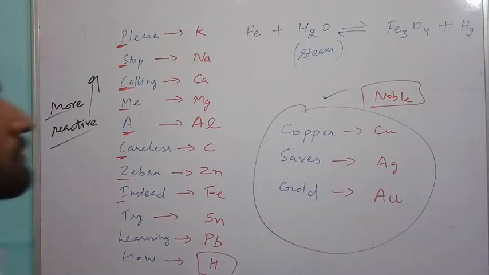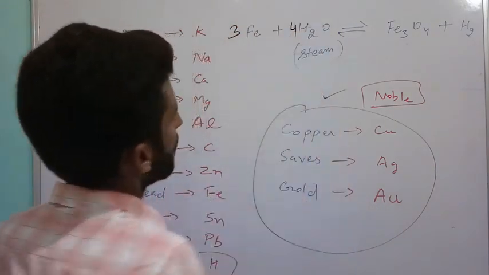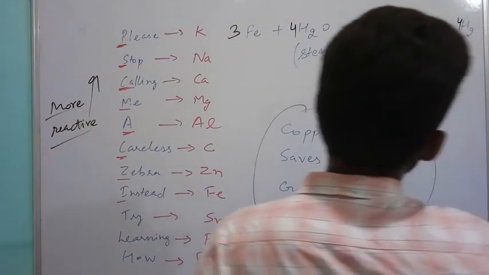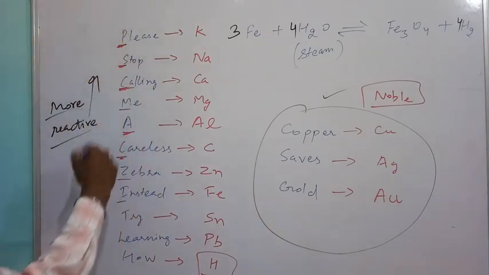This one is very important. This question could come in your balancing reactions part, so keep this in mind. Okay, so please keep the reactivity series in mind, this one is very important.